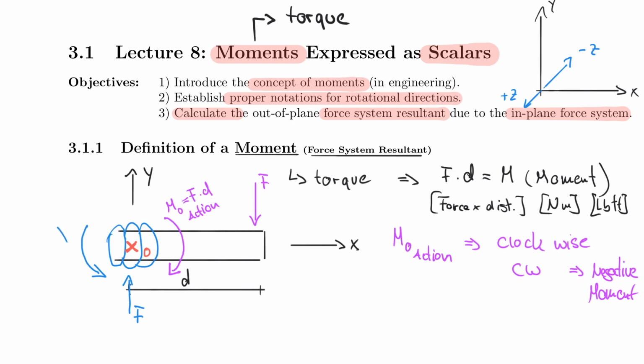However, this M reaction here, to keep it in balance, is actually the force times its lever arm, but in the opposite direction. So M reaction in this case would have to be counterclockwise. Or CCW, which then is actually a positive moment.